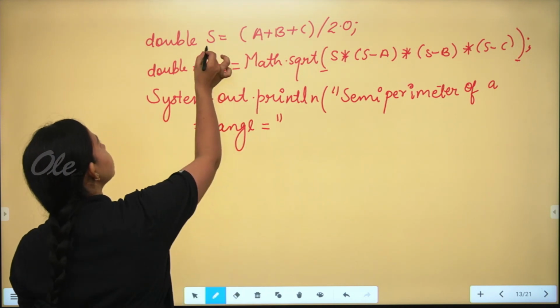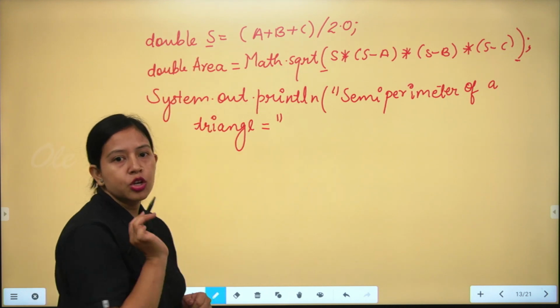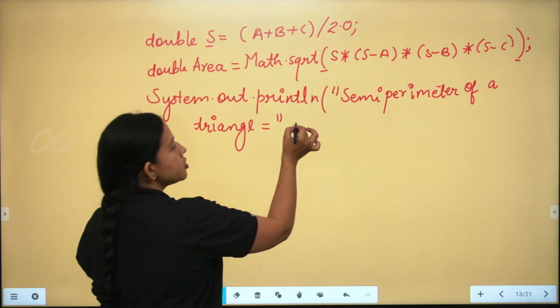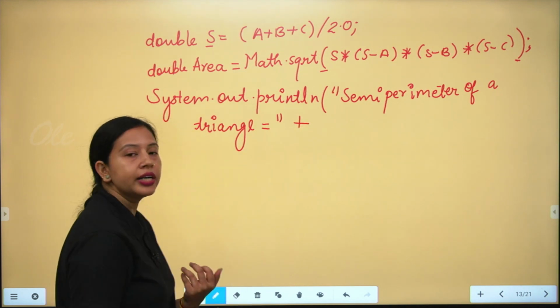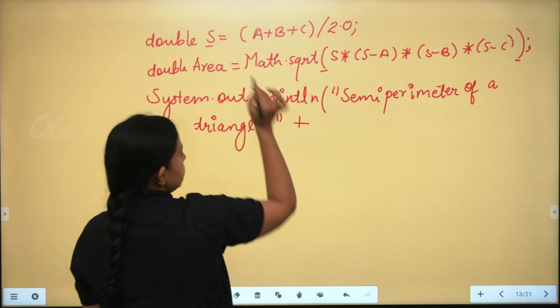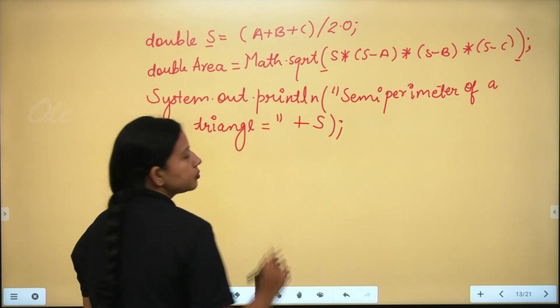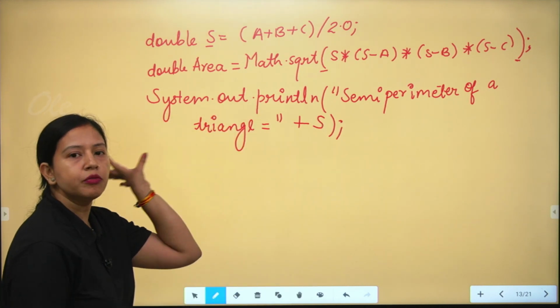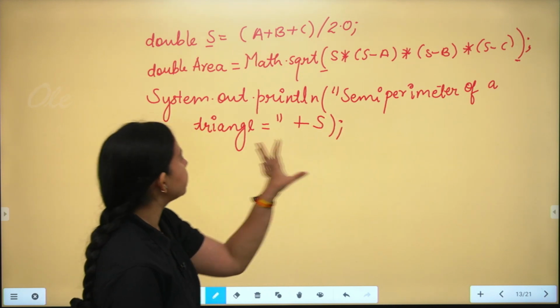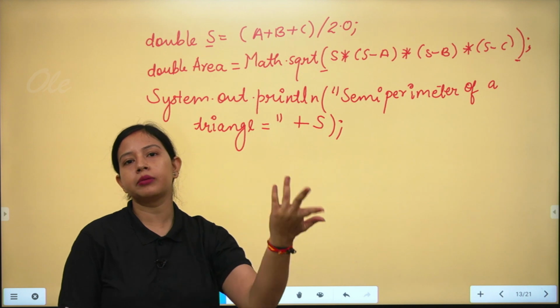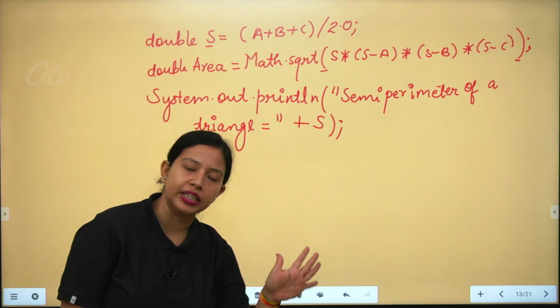We are holding the semi-perimeter value in s. So whenever we concatenate any variable, we use this plus sign, alright. So don't forget, and then mention the variable just after that. So with the help of this statement, we simply print the semi-perimeter of a triangle, and whatever value has been calculated by the program will be shown over there.